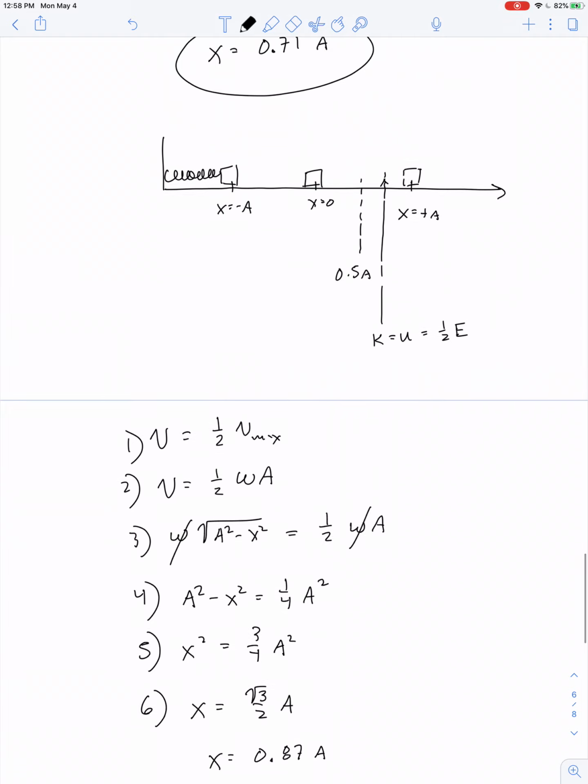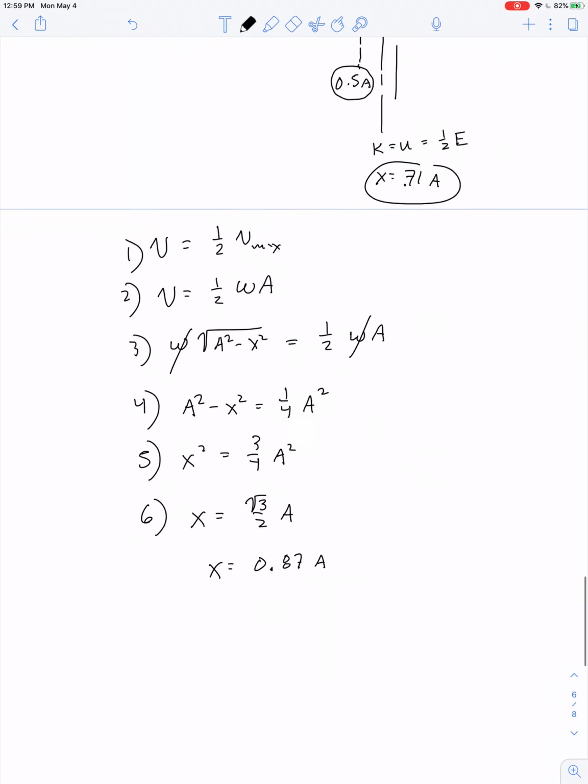So there's another special point, not at x equals half the amplitude, not even at x equals 71% the amplitude, but here at x equals 87% the amplitude, that's when the velocity is half the maximum value.